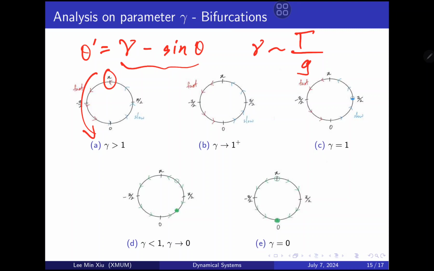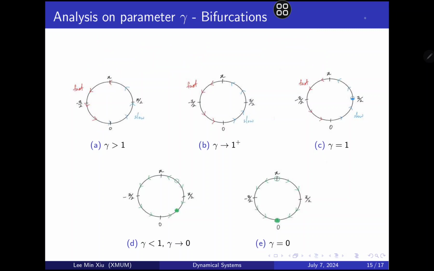Where minus pi to 0, sine theta would be negative, and therefore theta prime here is instead positive. And therefore it will be way faster around here. Oh, let me write it back real quick. So theta prime equals gamma minus sine theta, and then gamma is equal to big Gamma over g.